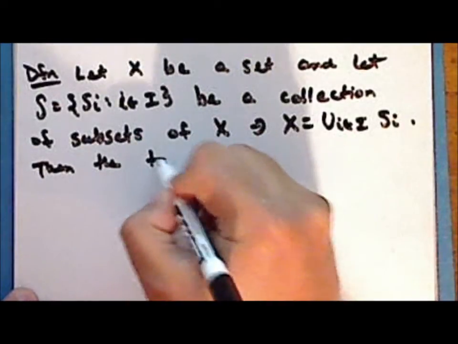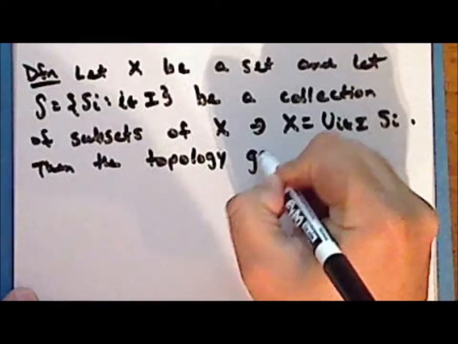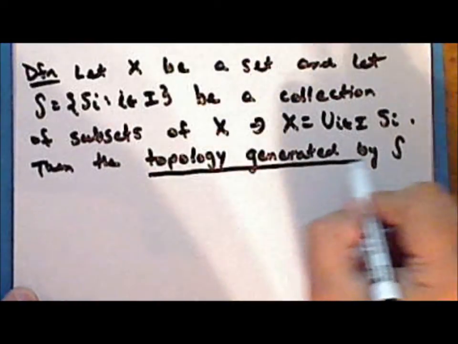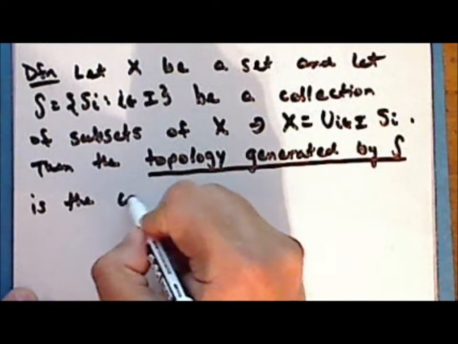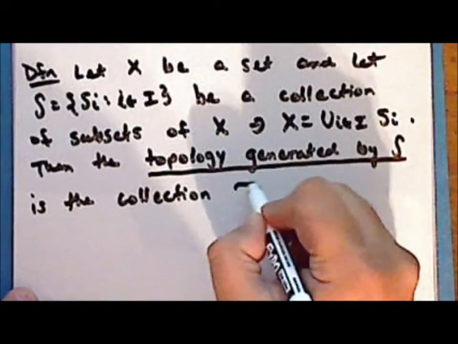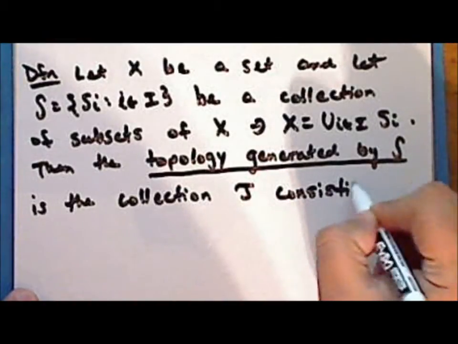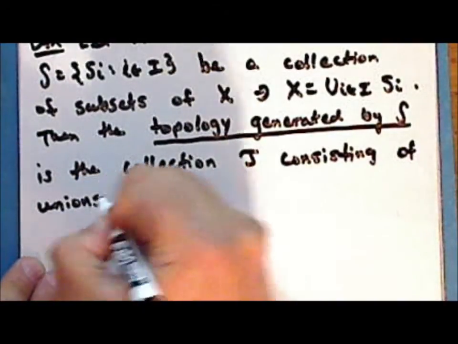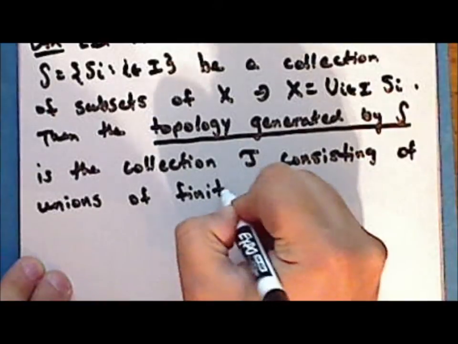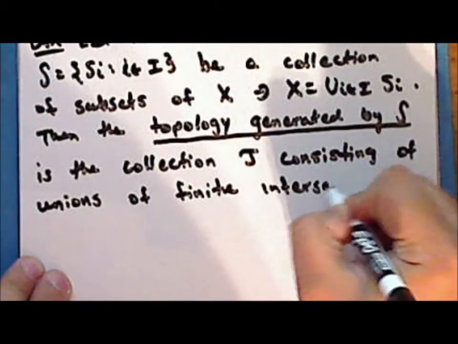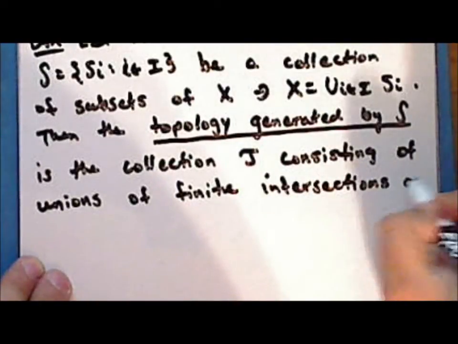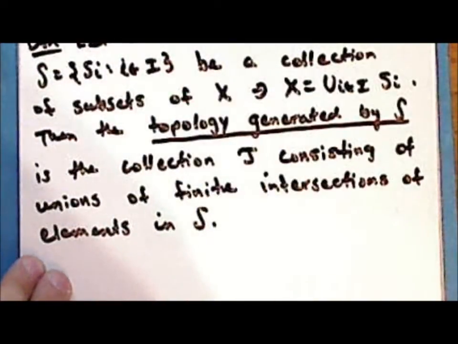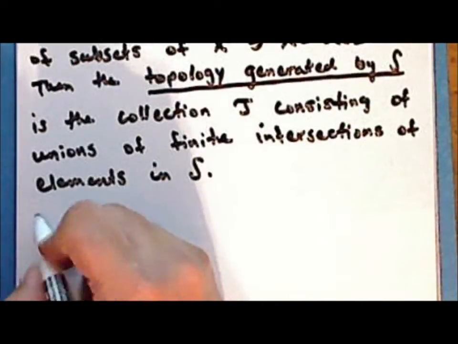Then the topology generated by the collection script S is the collection tau consisting of unions of finite intersections of elements in the collection script S. So we will prove that this is a topology.